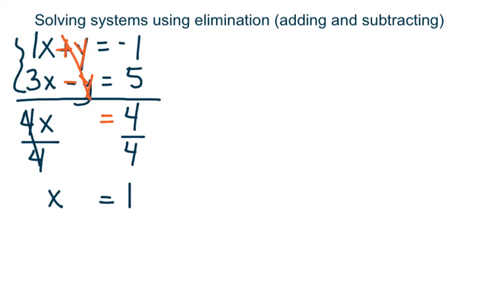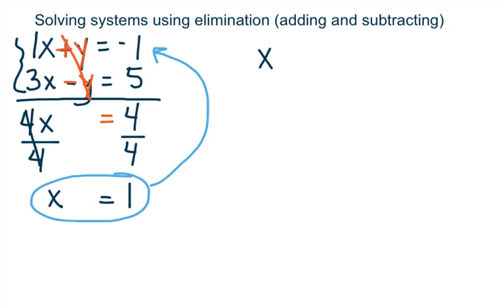That tells me my x variable, so I take that value and I plug it into either the top or bottom equation, it doesn't matter which. So the top equation was x plus y equals -1. So I am going to plug in 1 for the x there.